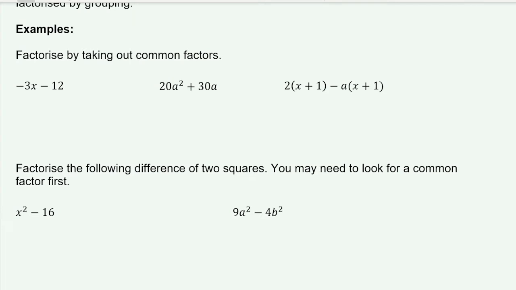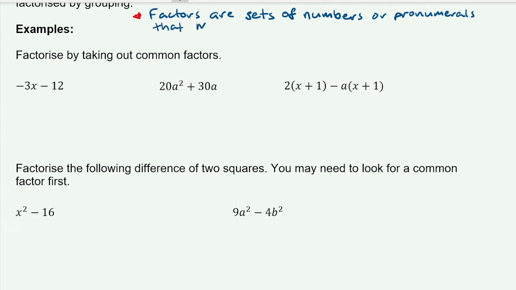Our first example here, we need to factorize by taking out common factors. Now remember that factors are sets of numbers or terms, numbers or pronumerals that make up another term.